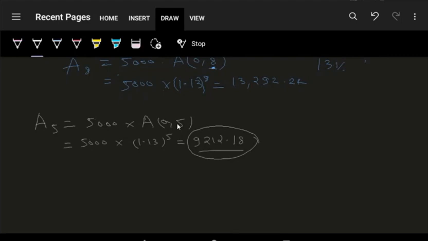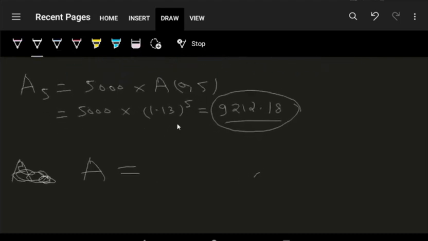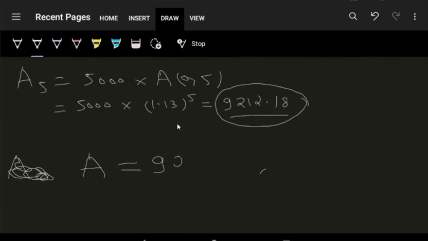So the accumulated amount at time 8, I'm writing it as just A, would be 9,212.18 into the accumulation factor from 5 to 8, because this money is at time 5 and I want to take it to time 8.